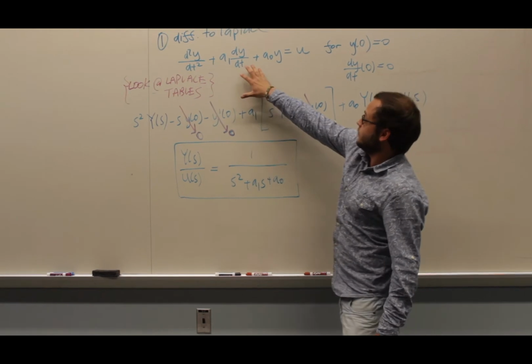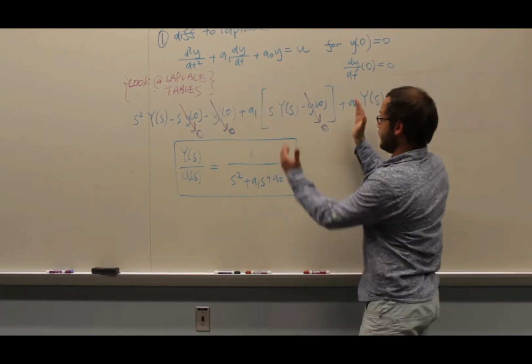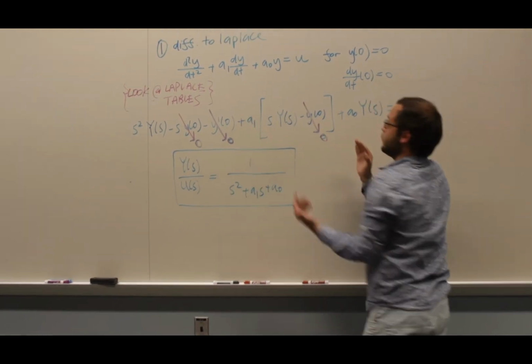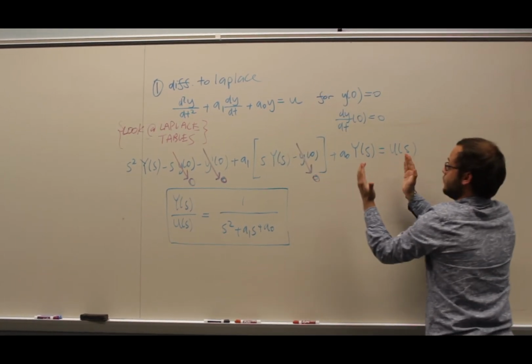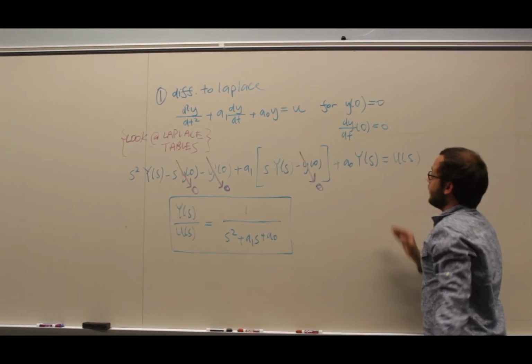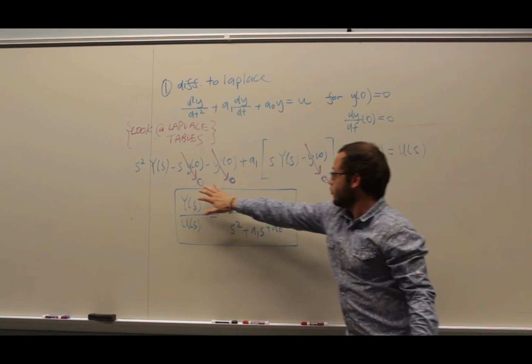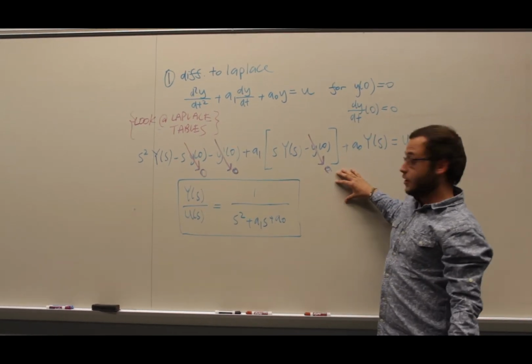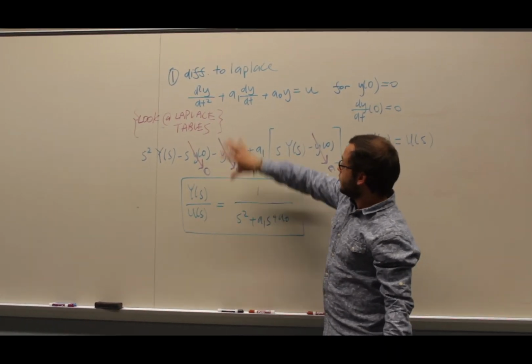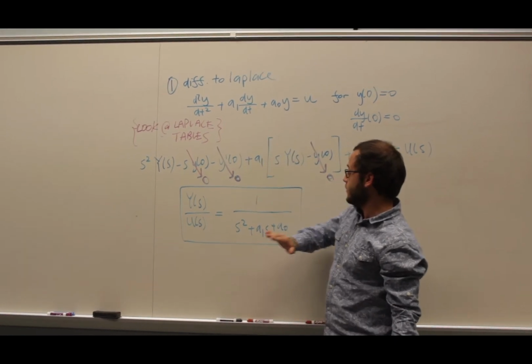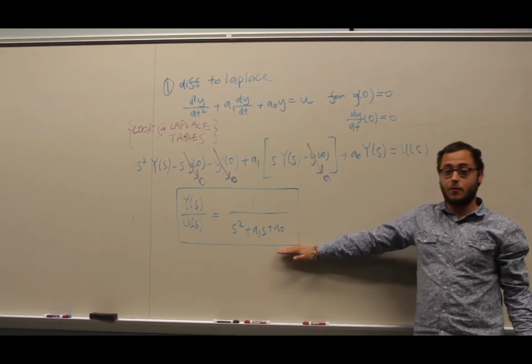And then when you look at the first derivative, you're going to see this formula. And when you look at the Y of s, you're just going to find this. And since the initial conditions are zero, when you do the calculation, you will find that the differential equation of this one can be transformed as the Laplace equation of that one.